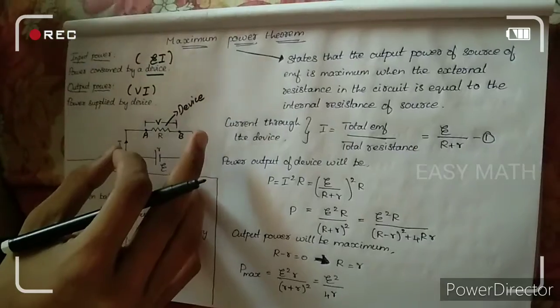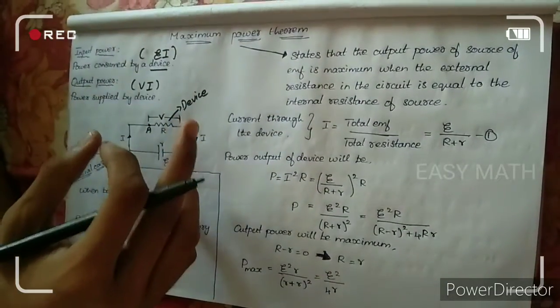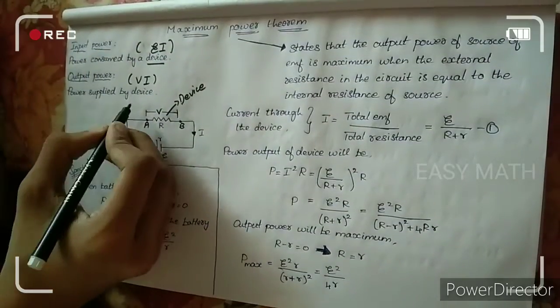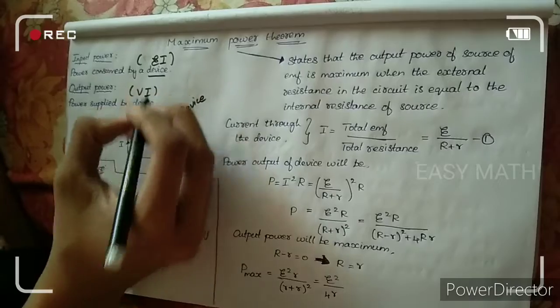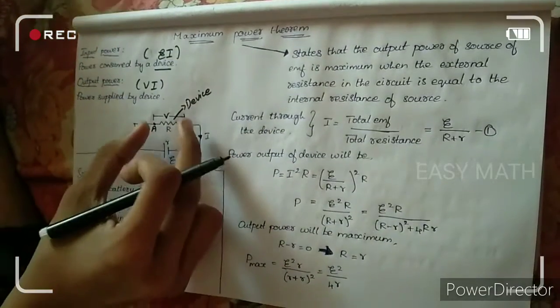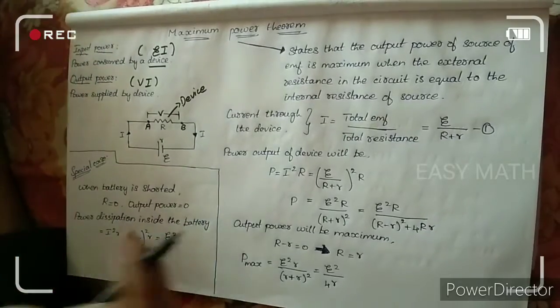So these heat waves are heat energy, which is nothing but output power. So it is the power supplied by a device, which is represented by V into I, where V is the potential difference across the device of resistance R.